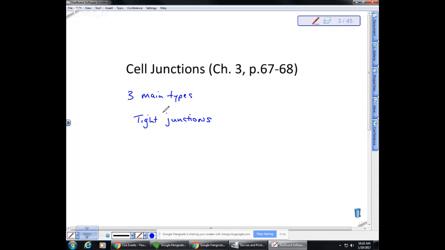And we wouldn't want urine to move through that epithelial tissue and get into the underlying smooth muscle tissue. And so tight junctions are kind of impermeable, and they prevent the movement of substances across the surface of the tissue.